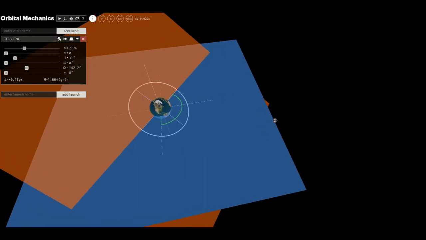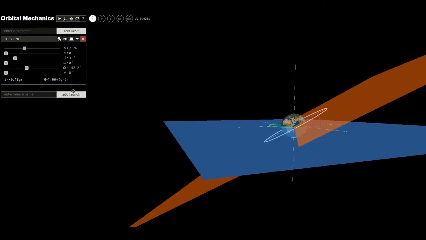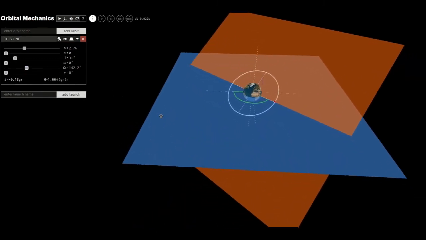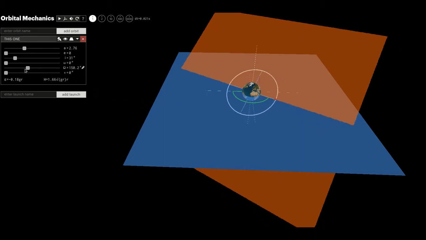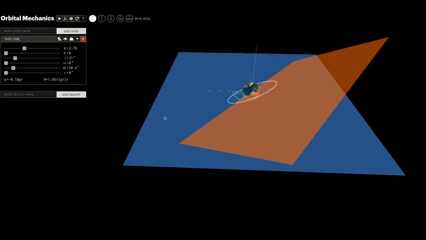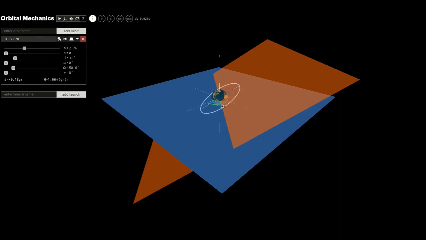And you can see the inclination here, and then the right ascension at this point. All right, I'm going to move that down so it's in the first quadrant. We have the vernal equinox here, and it's less than 90 degrees. It's at 50 degrees. So that's where that happens.